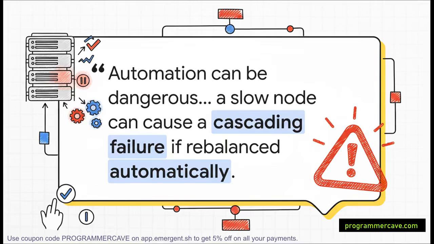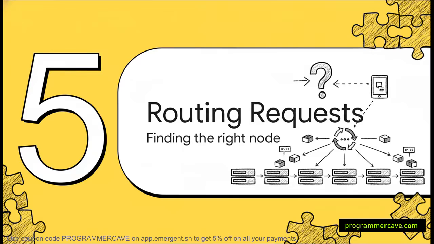It's kind of like seeing one person in a bucket brigade stumble and deciding the solution is to make everyone else pass buckets faster. All that does is put even more load on the network and the other nodes, and it can cause a cascading failure that takes down your whole system. A lot of times, it's much safer to have a system that suggests a rebalance, but requires a human to actually push the button. Okay, we've reached the final piece of our puzzle.